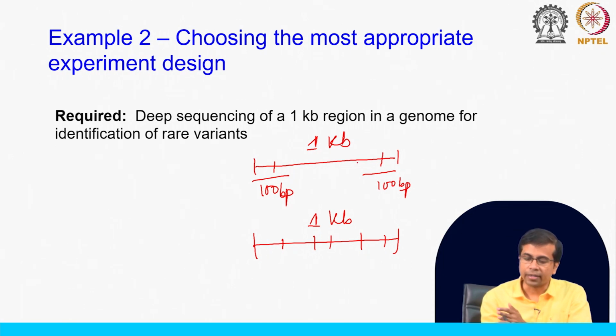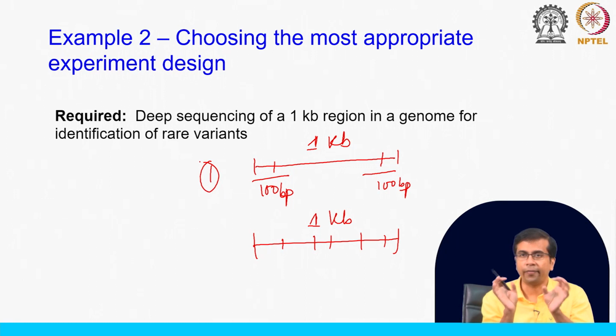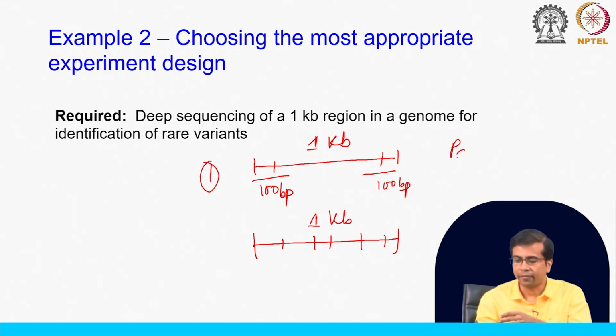So, in the first case, since they are towards the end of this region and the start of this region, you can actually reach these regions with short read sequencing, and perhaps then you can do something called paired end sequencing. We have discussed paired end sequencing.